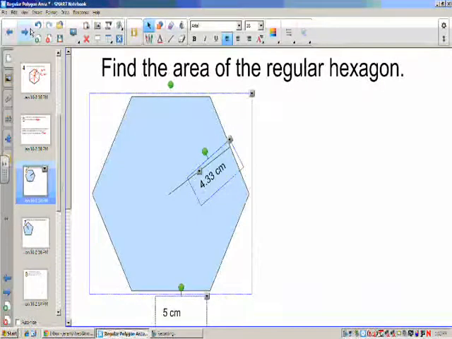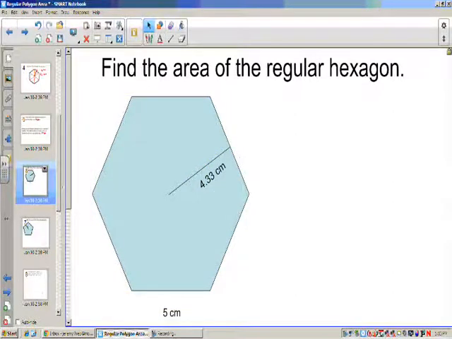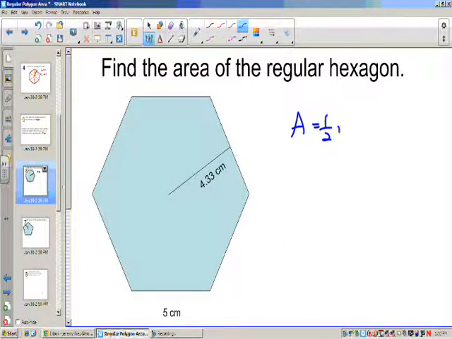All right, now let's do some problems. This first problem, let's find the area of this regular hexagon. Remember, I think the easiest formula to remember is just 1/2 the perimeter times apothem. Well, one side is 5, and there are 6 sides, so the perimeter is going to be 30.